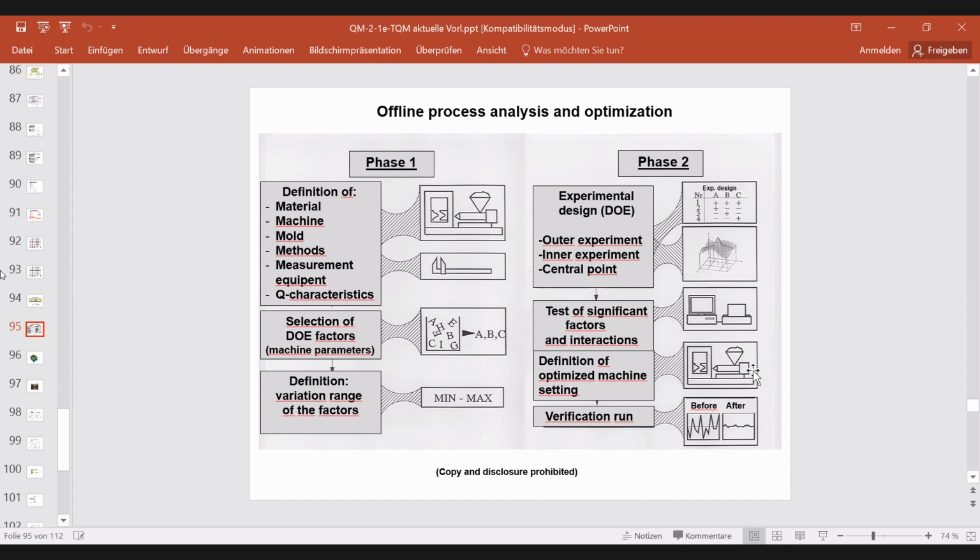You define the optimized machine setting, and then you make a verification run. This means you test the new, optimized machine setting against the older machine setting, or the machine setting before, or a poor machine setting. And then you can see what is the potential of the optimization regarding that process.